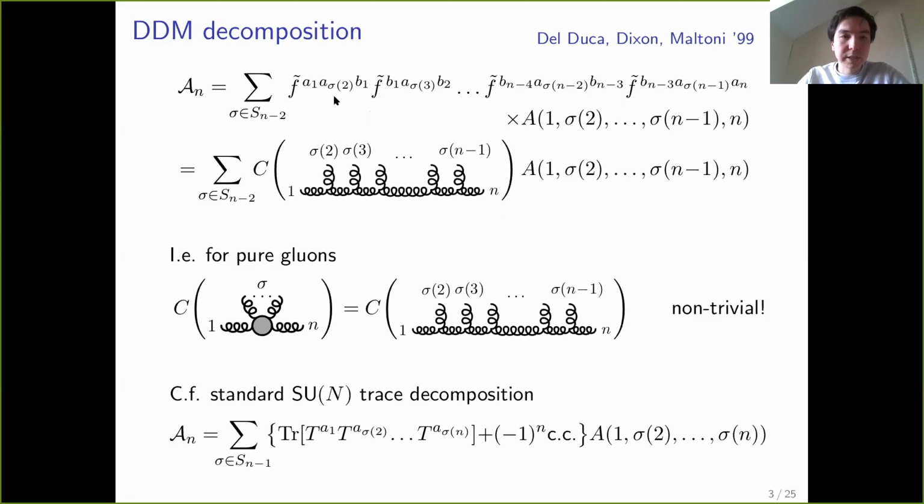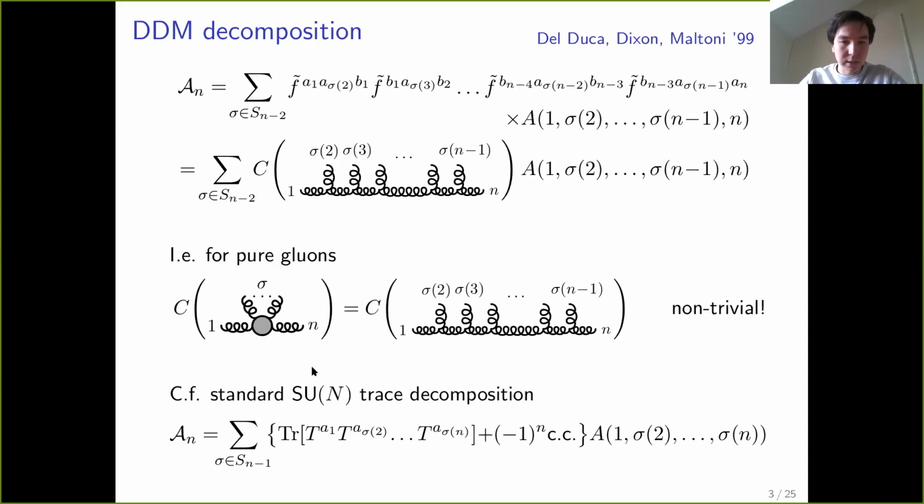It's a very explicit decomposition where the basis is just the full set of permutations of the n-2 unfixed particles, and the color factors are just strings of structure constants, which can be displayed by half-ladder diagrams in the color Feynman rule terminology. So, this is a non-trivial fact that for pure gluons, we have this color factor here denoted with a blob being actually equal to this half-ladder string of structure constants.